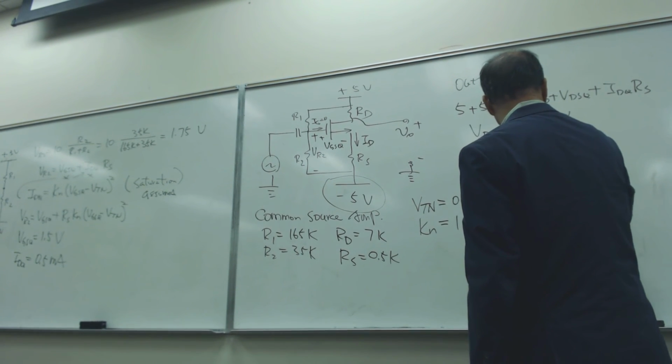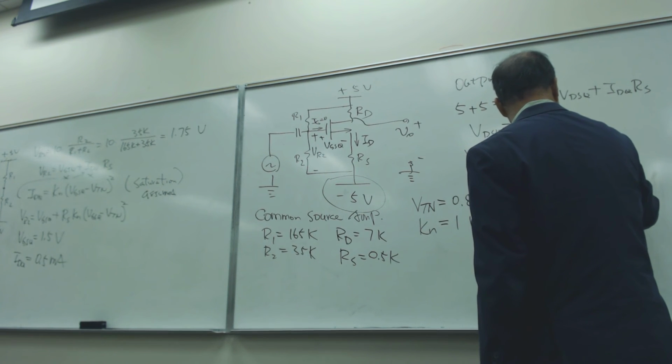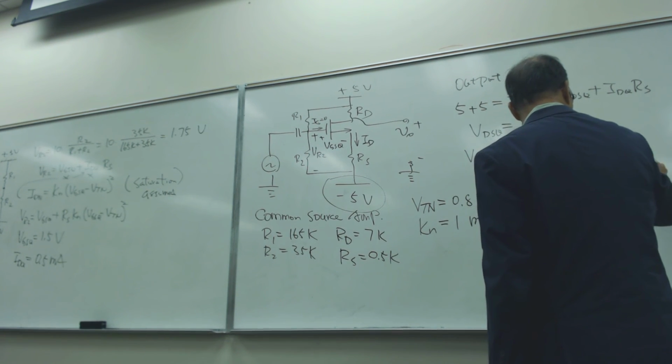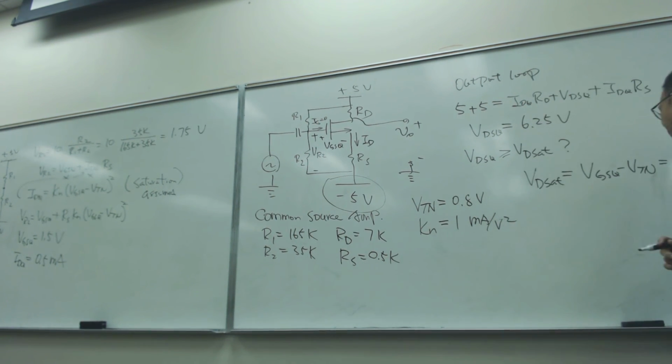VDS set equals VGSQ minus VTN, right? That's the formula. VGSQ was somewhere 1.5, and this is 0.8, so it's 0.7 volt. So the answer is yes, so the assumption was correct.